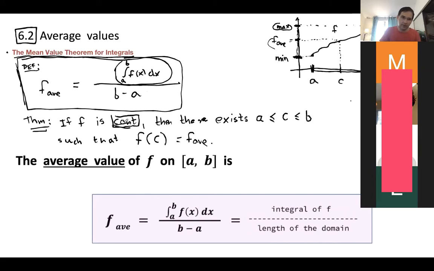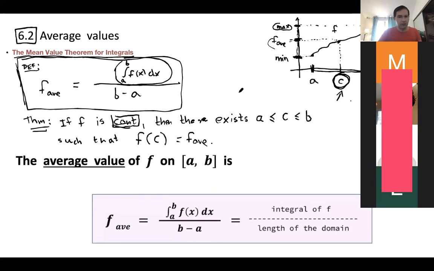Again, if the function f is continuous, then you can find a point C in the domain, in between A and B, such that if you evaluate f at this point C, that will give you exactly the average value of this function. Why this is important is because this will sometimes help you compute the definite integral. That's all this section is about.